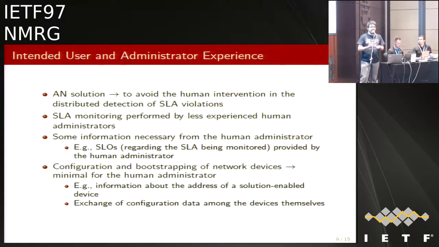And after knowing one device in the solution, it's possible to share the information for the configuration from this device. So we expect some exchange of configuration data among the devices themselves. I'm explaining the solution in an abstract way, but we have some results and some software considering each of these points.